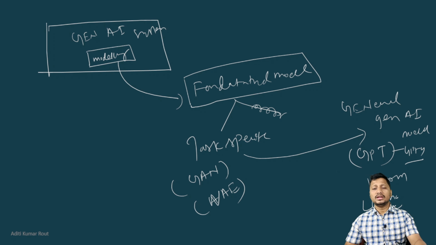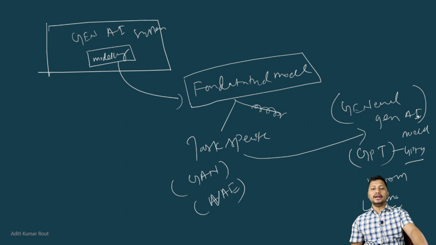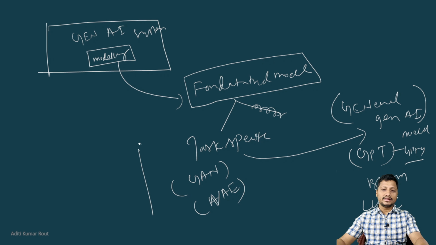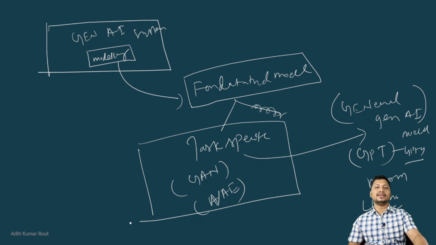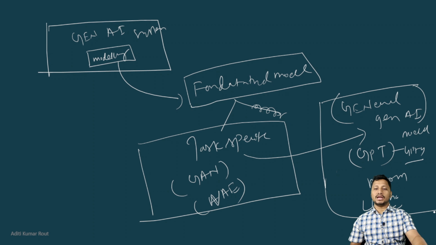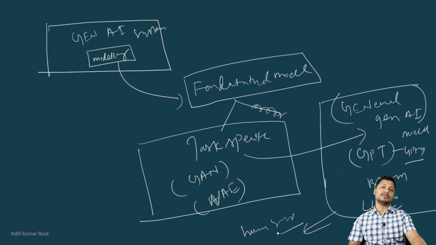These are the generative models coming under general generative AI models, built on top of task-specific models. Because there our boundary was certain, we were able to create a particular task, but here our boundary is much broader. By using these foundational models, it works like a human being, and the performance efficiency is almost the same as a human being.